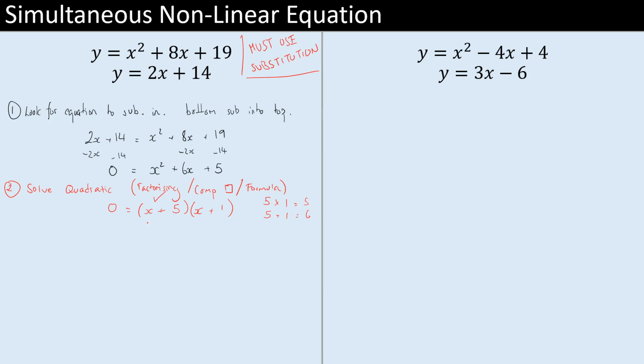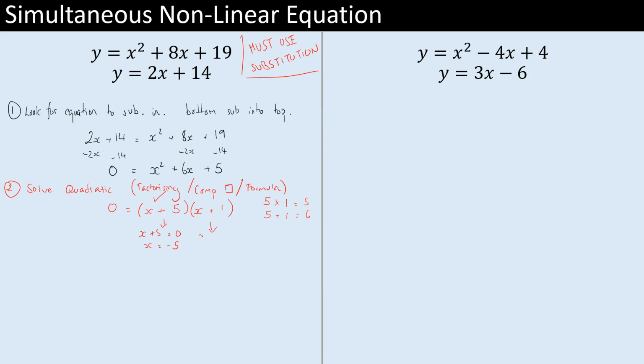Okay. And if you're not sure about your solving of quadratics, at this point, we say, okay, we're going to let each bracket equal 0. So that way we're going to get 2 values of x. Okay. So if this bracket equaled 0, we'd have x plus 5 equals 0, which means that x equals negative 5.